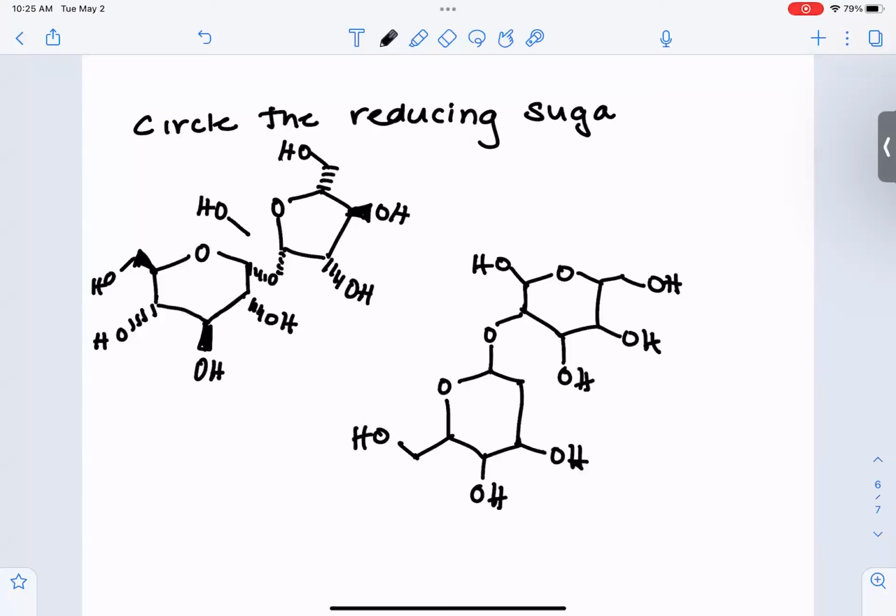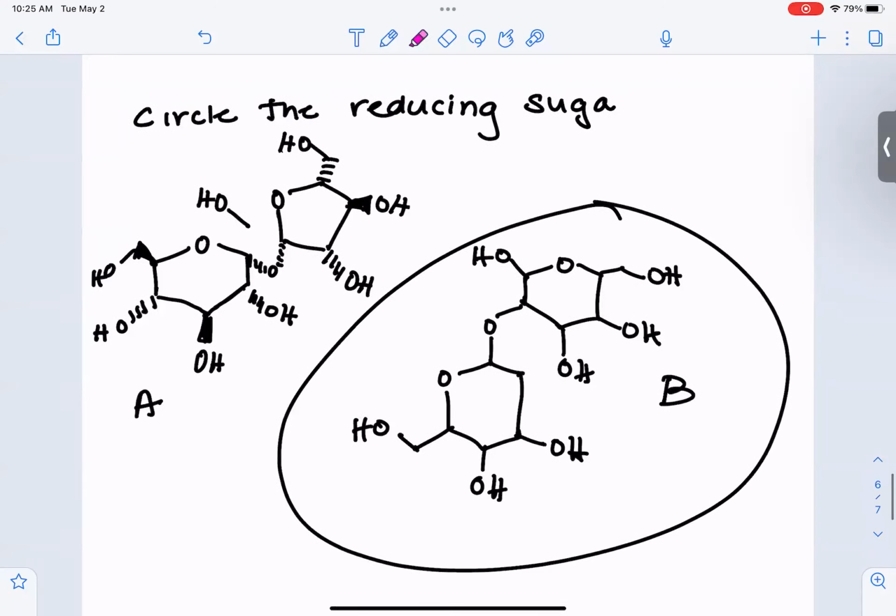All right, which one's the reducing sugar, A or B? Yep. You have a free hemiacetal. There's no, oops, sorry, I had no line.